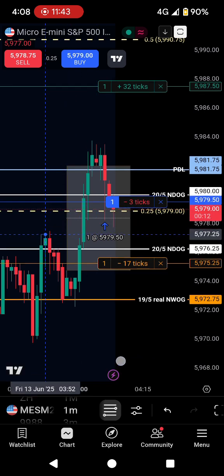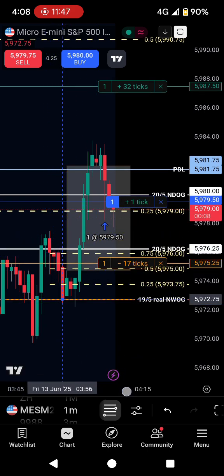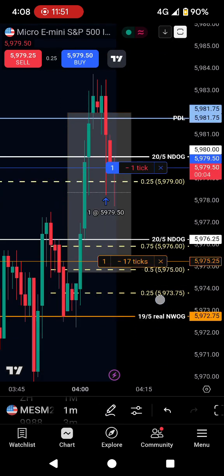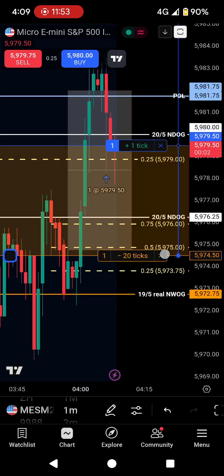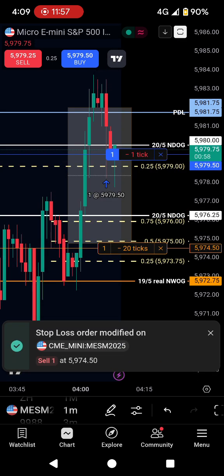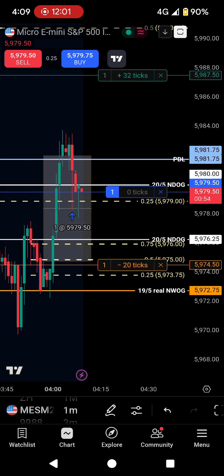Order block here to here, this is order block. Okay, so our stop loss is to be below it. Okay, so I'll take it. Okay, stop loss below mean of the order block.